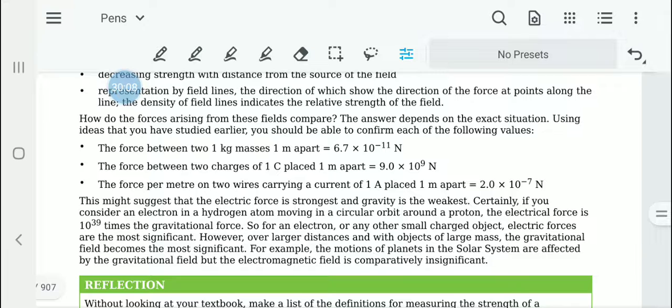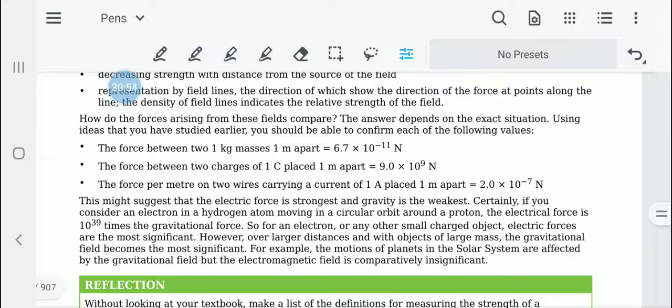Number 1, gravitational: the force between two 1 kilogram masses 1 meter apart equals 6.7 into 10 to the power minus 11 newtons. Number 2, magnetic: the force per meter on two wires carrying a current of 1 ampere placed 1 meter apart equals 2 into 10 to the power minus 7 newtons.